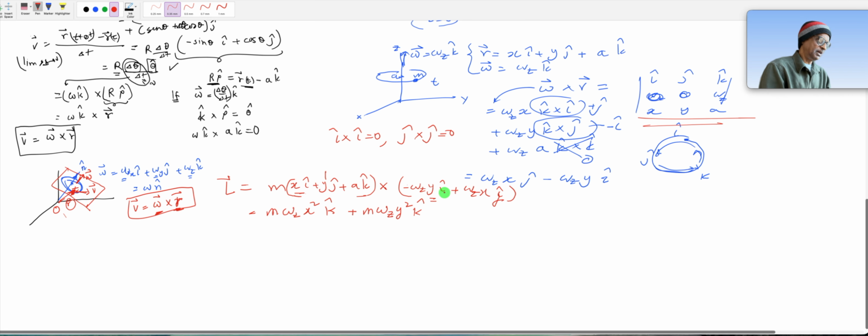Now this one, k hat with i hat, is going to be a positive sign, so it's going to be minus m a omega, let's say a y omega z j hat. k hat with i hat gives j hat. k hat with j hat, I'm going this direction, so it's going to be minus i hat.